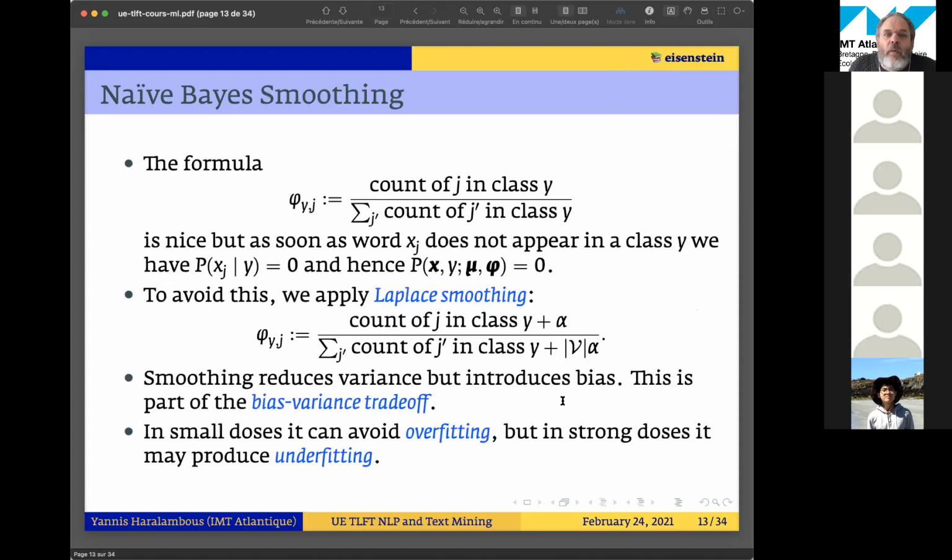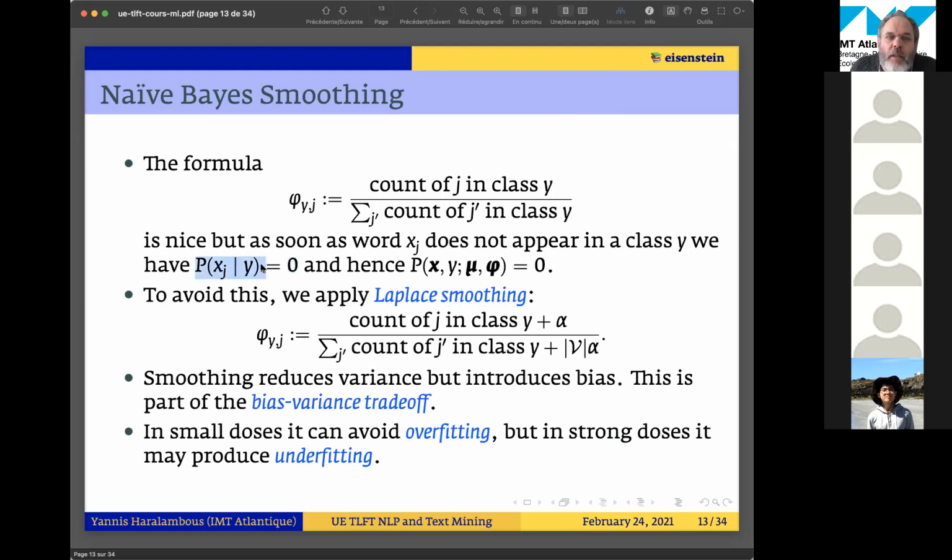Now, this all looks very nice. This formula is very elegant, but there is a problem. What happens when a word does not appear in a class? It means that the probability of having this word in the class is 0, since it's the relative frequency.